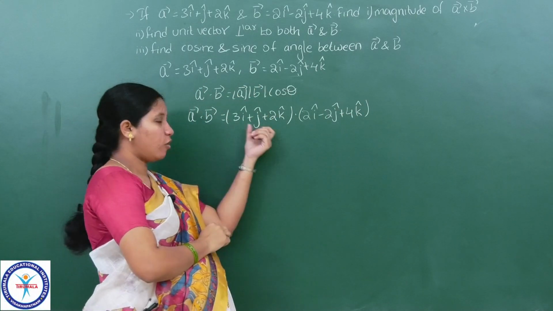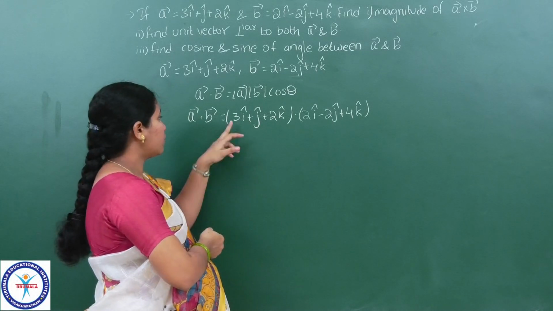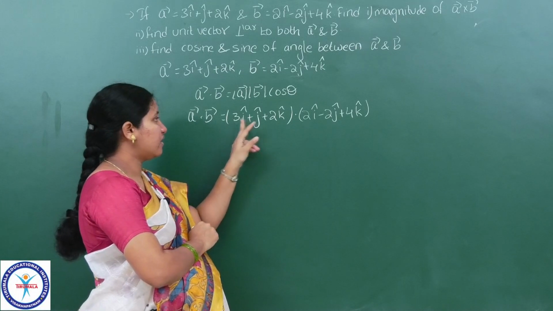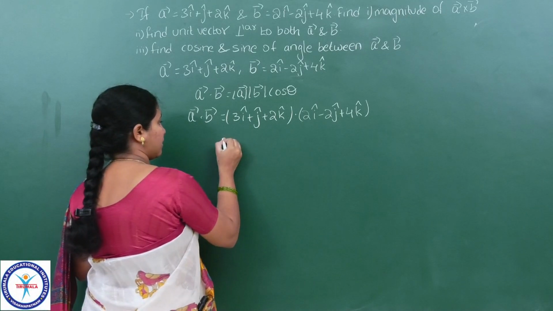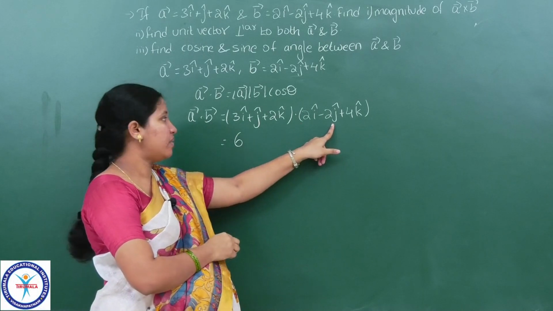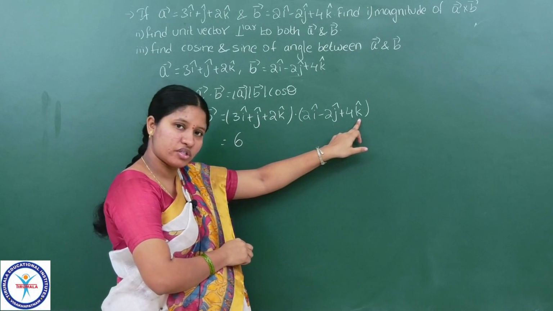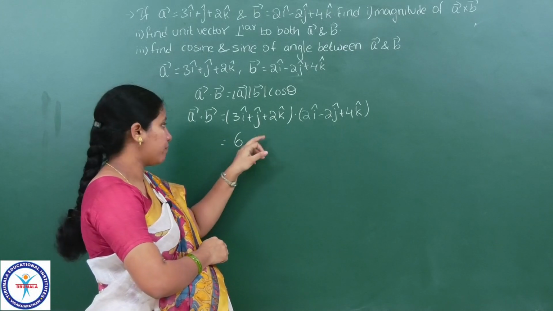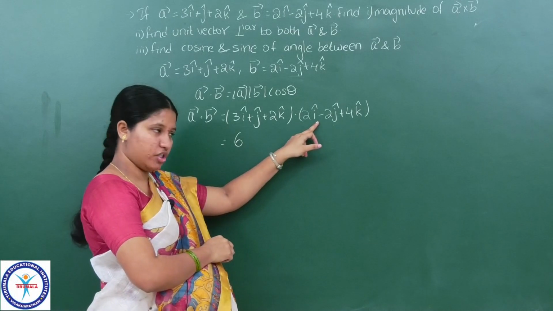Now do the dot product for the given vectors. So i cap dot i is 1 and coefficients 3 into 2 gives us 6. i dot j is 0, so the term will be 0. i dot k also is 0, hence the term is also 0. Now coming to j cap, j into i is 0.